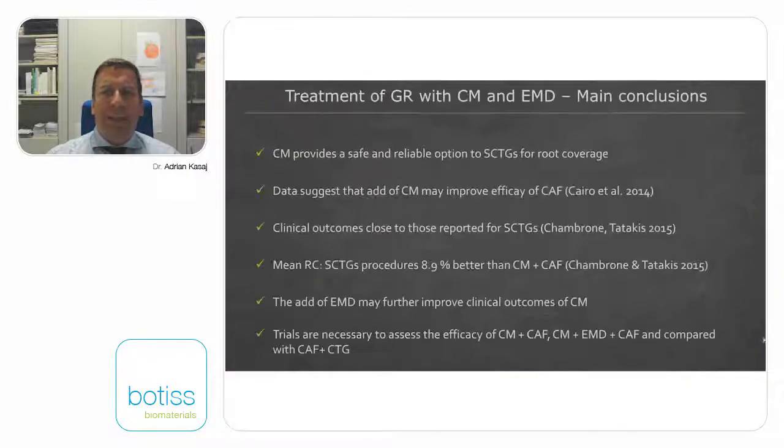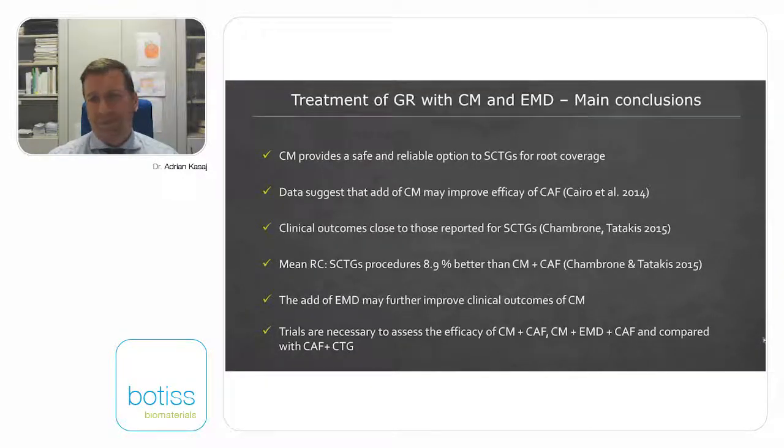So let me summarize my lecture. The collagen matrices definitely provide a safe and reliable option to the subepithelial connective tissue grafts for surgical root coverage. When you look at the data, it seems that the addition of the connective tissue graft may improve the efficacy of the coronally advanced flap.